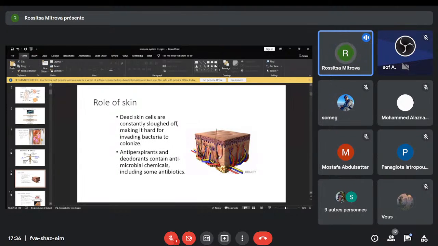The role of skin. Dead skin cells are constantly sloughed off and make it hard for invading bacteria to colonize. No colonies can be formed. All the antiperspirants and deodorants contain antimicrobial chemicals, including some antibiotics.